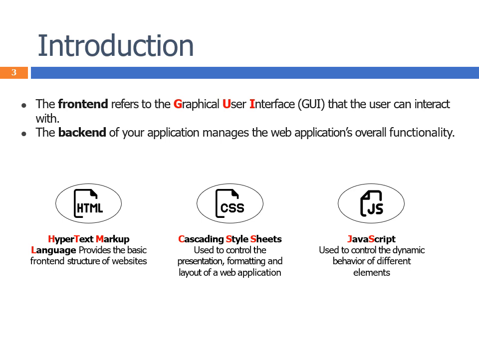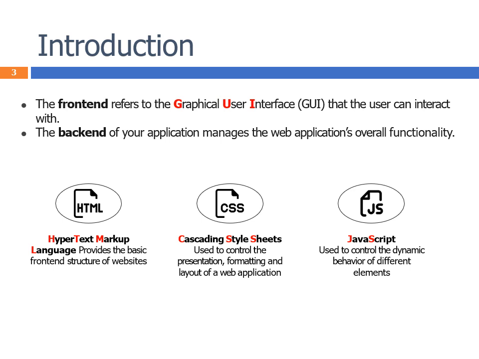In a small introduction, the hypertext markup language, which is HTML, provides the basic front-end structure of a website. The front end refers to the graphic user interface, GUI, that the user can interact with.